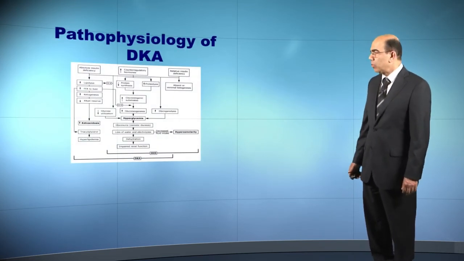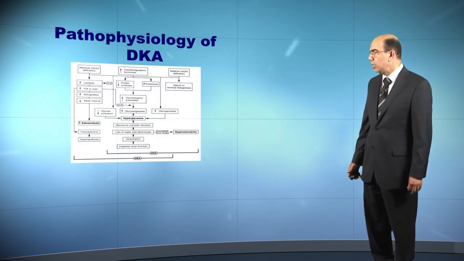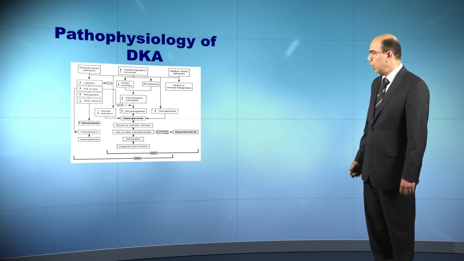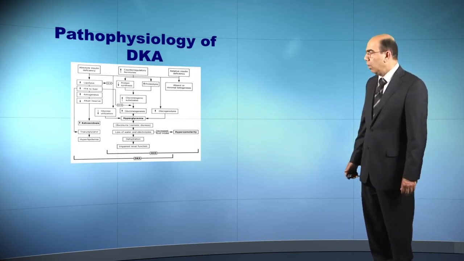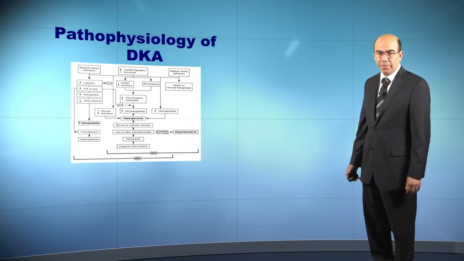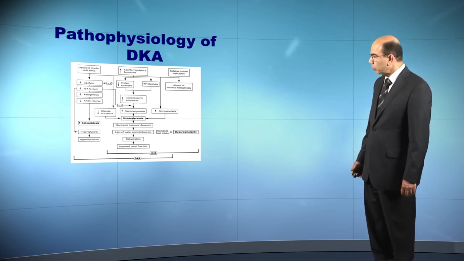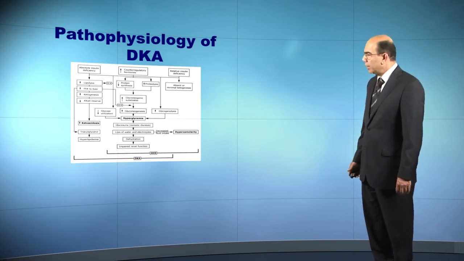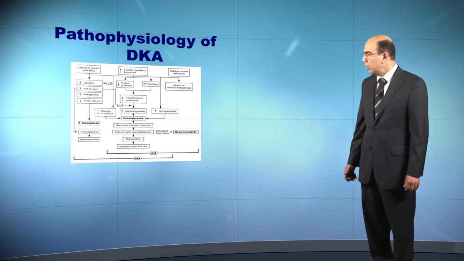So to recap the pathophysiology of DKA, this diagram summarizes all the pathophysiological steps responsible for diabetic ketoacidosis. Absolute insulin deficiency causes lipolysis. That causes free fatty acid to enter the liver.